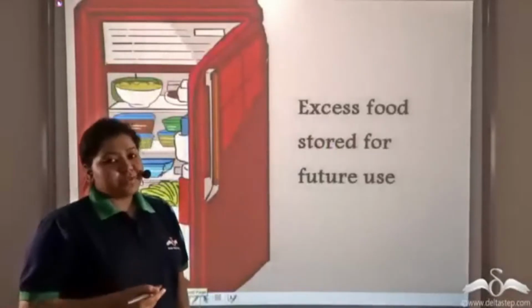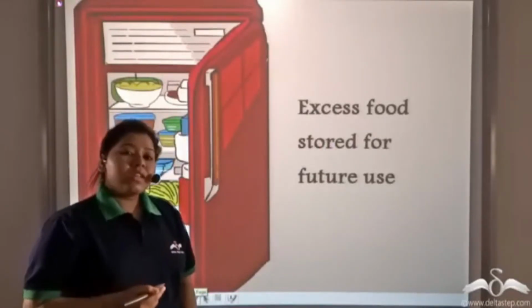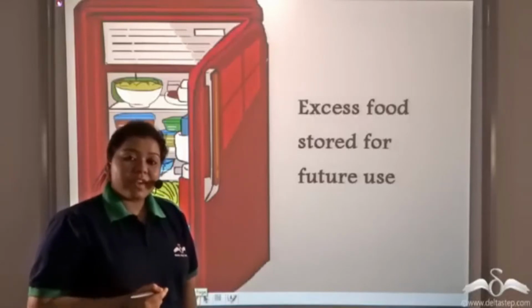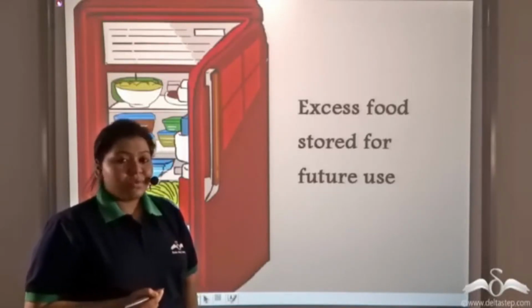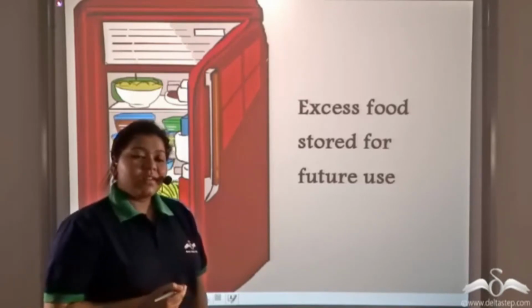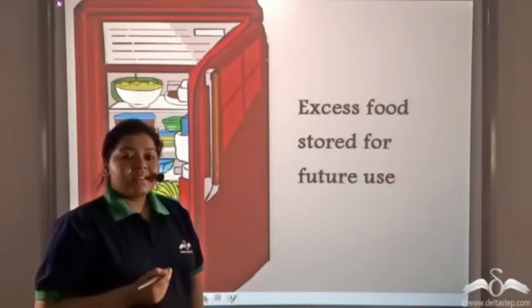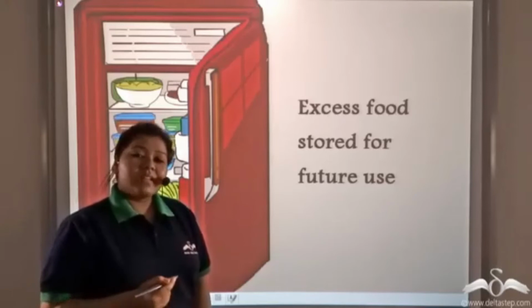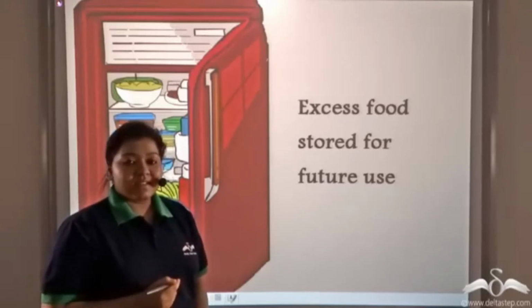Your mother cooks food for you every morning. Now what if she cooks some extra one day? Will she throw away the extra food? No, she won't. She'll store the excess food in the refrigerator for future use. Similarly, all plant cells manufacture food by the process of photosynthesis.